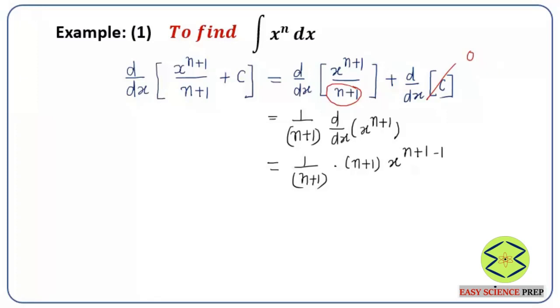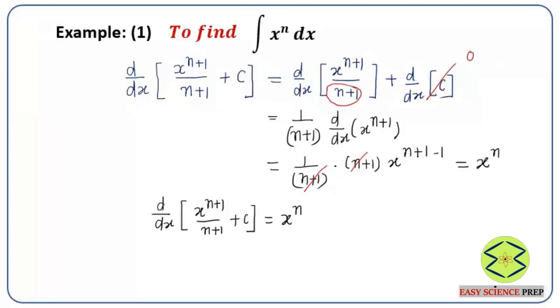Both n plus 1 in the denominator and the numerator will cancel out, and n plus 1 minus 1 will become n, so we get only x raised to n. So we got a very important outcome: the derivative of x raised to n plus 1 over n plus 1 plus c is x raised to n.